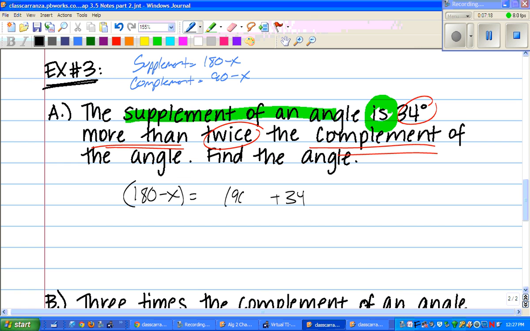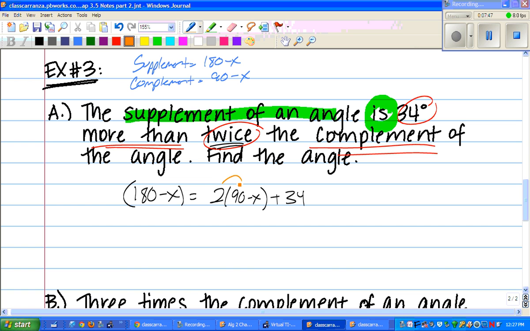Okay, they're talking about the complement of something, and it's twice the complement. So reading that again, the supplement of the angle, that's 180 minus x, is the equal sign. 34 more than, so that goes to the back. Twice is where we get the 2x from, the complement. Okay? Woo! That was the hard part.